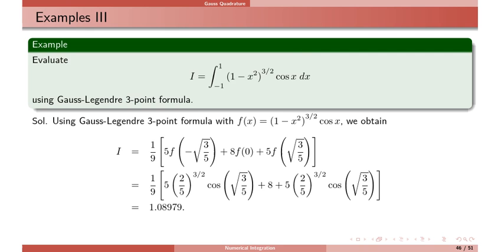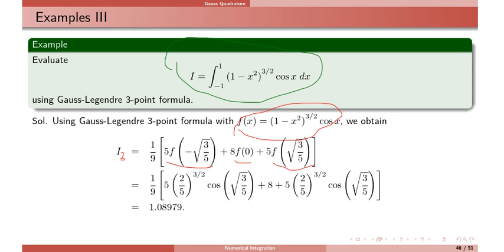The second example is to find this integral using the 3-point formula. So what is f(x) here? So f(x) is (1 minus x square) to the power 3 by 2 times cos x. So in the 3-point formula, this I3 is 1 by 9 times 5 times f at this point, f at 0 and f at this point.